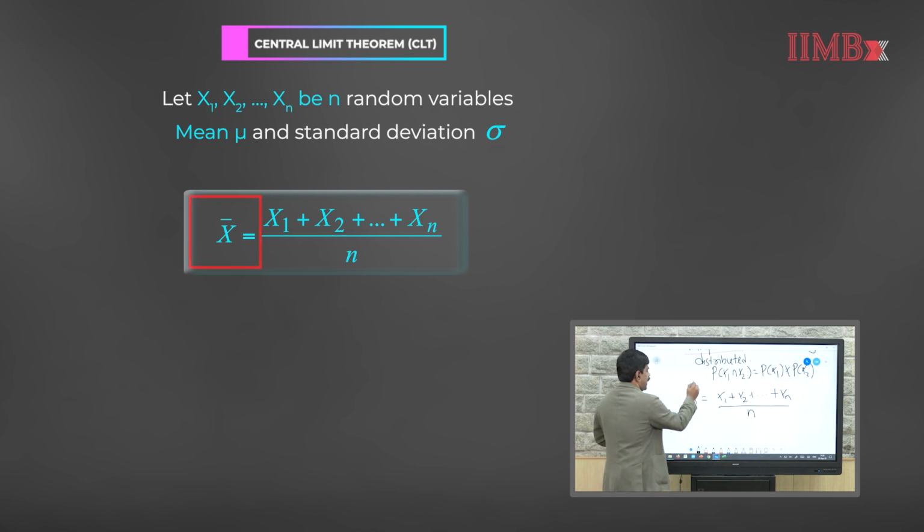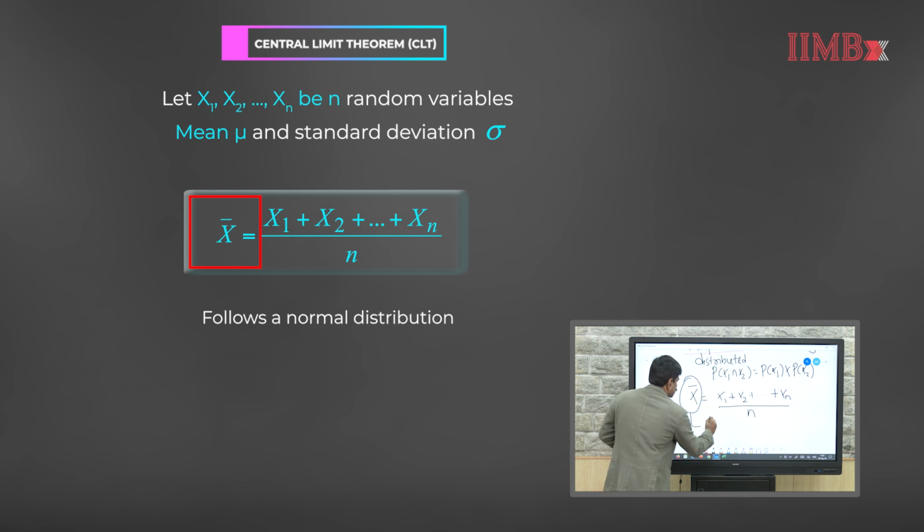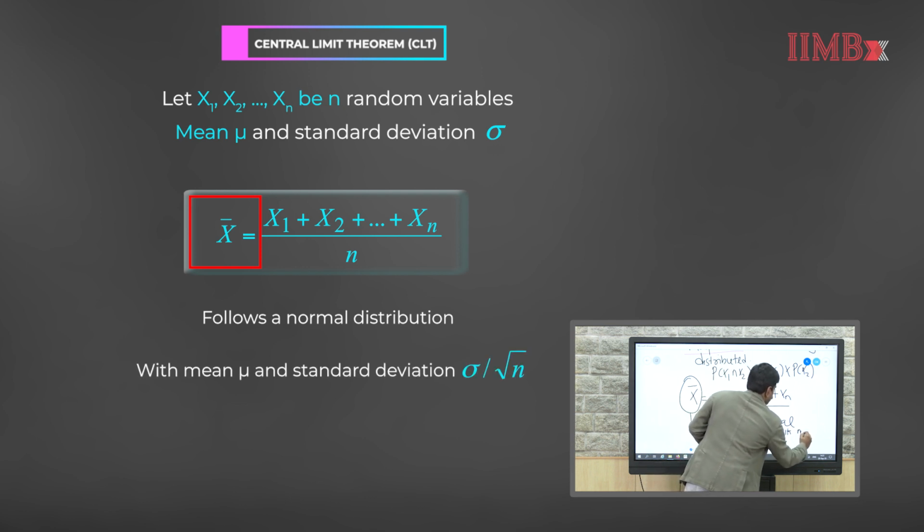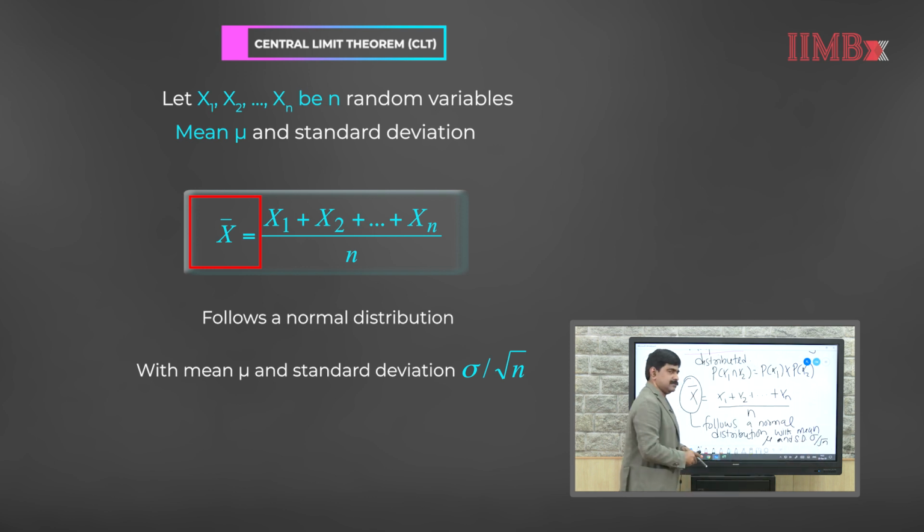Now this average follows a normal distribution with mean mu and standard deviation sigma divided by under root n.